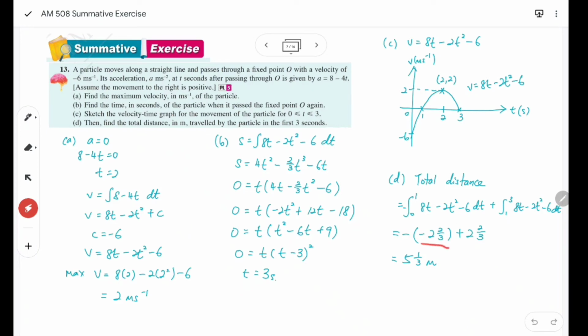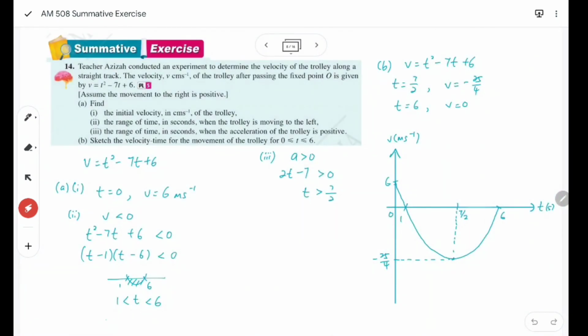We get negative 2 and 2 over 3. So I know the integration of this part will be negative. Therefore, I put a negative in front to make my distance positive. The second part of the integration will give me positive 2 and 2 over 3. So the total distance will be 5 and 1 over 3 meters.